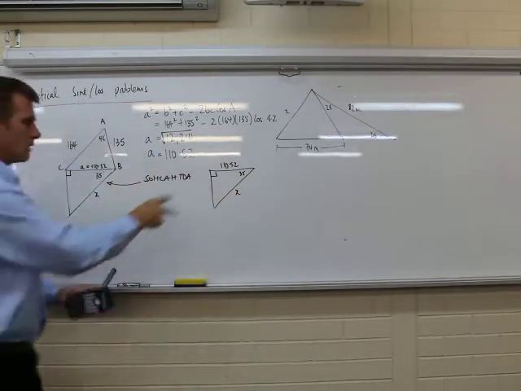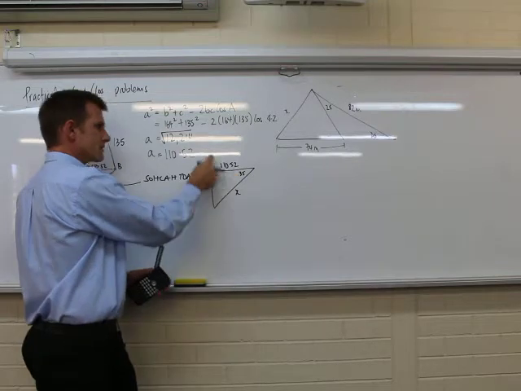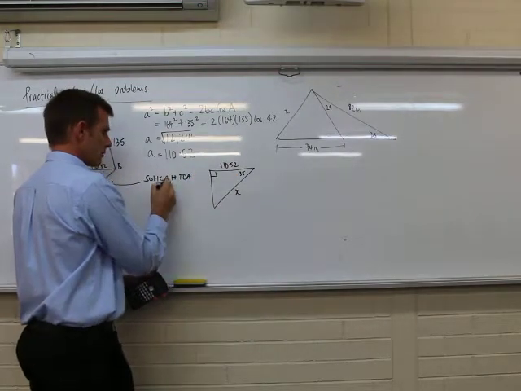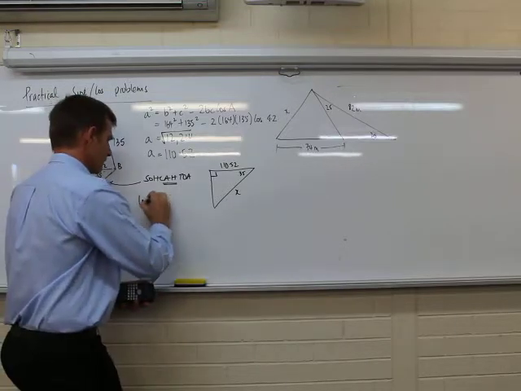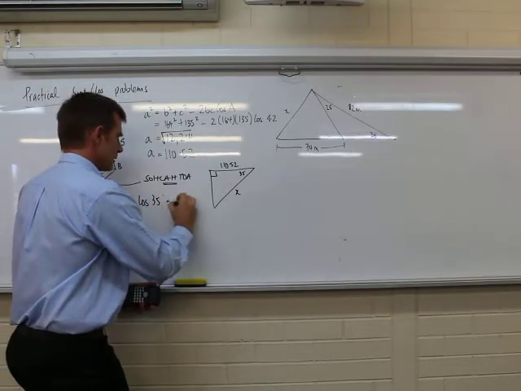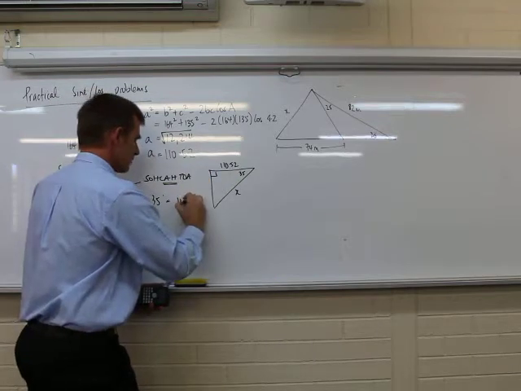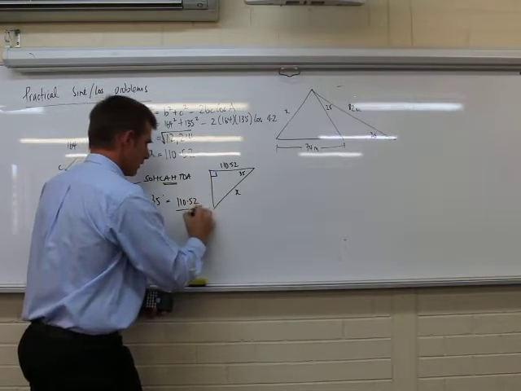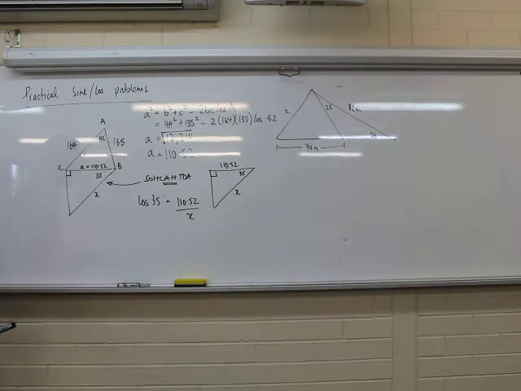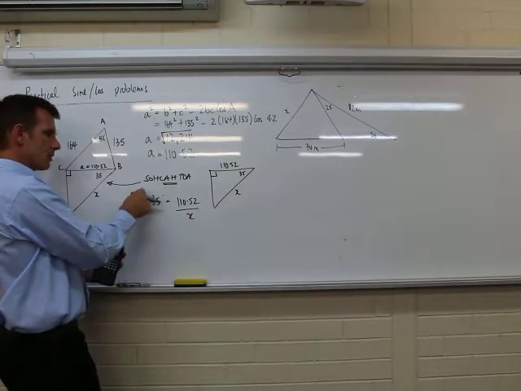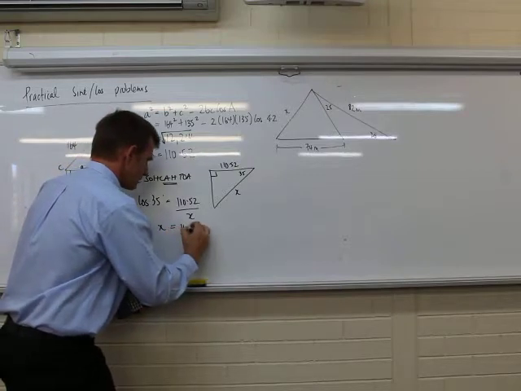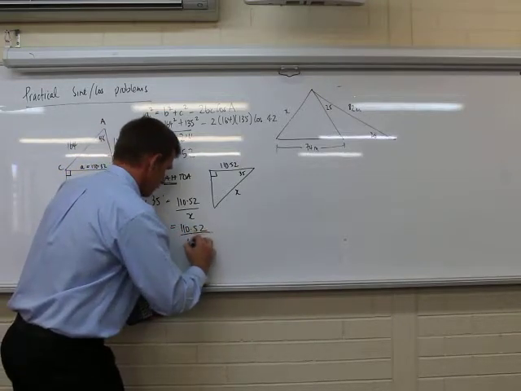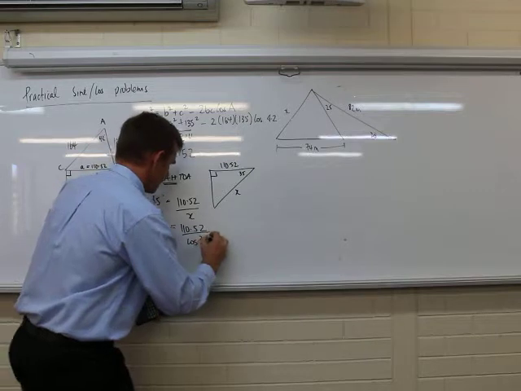So using SOHCAHTOA, I'd probably do cos is adjacent over hypotenuse. Cos of 35 degrees is equal to adjacent 110.52 over x. Quick rearrangement here, move the x up to the top, move the cos 35 down below. X is going to equal 110.52 divided by the cos of 35 degrees.